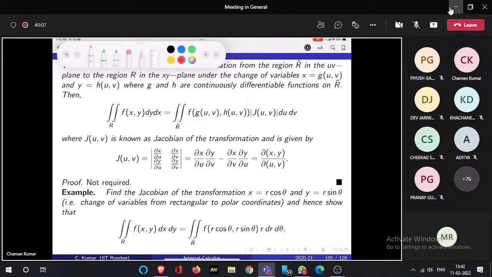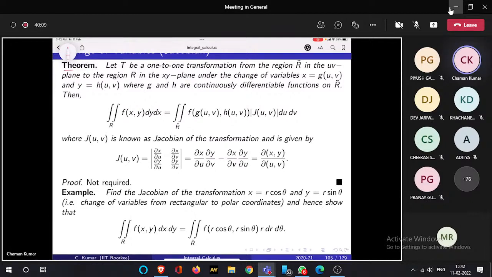Now let us translate this to the two-dimensional case for a function of two variables, and then we will see another theorem for a function of three variables. So for this, let T be a one-to-one transformation from the region R tilde in the UV plane.